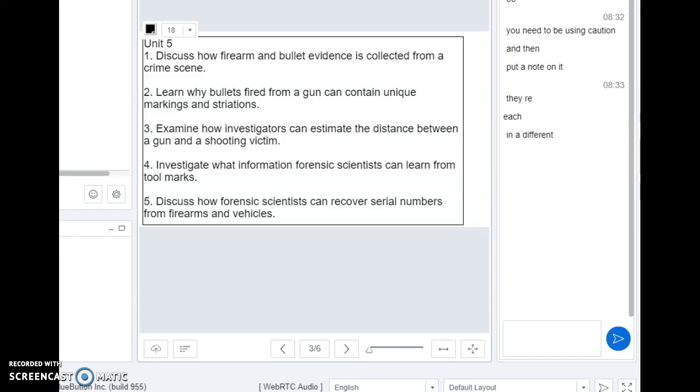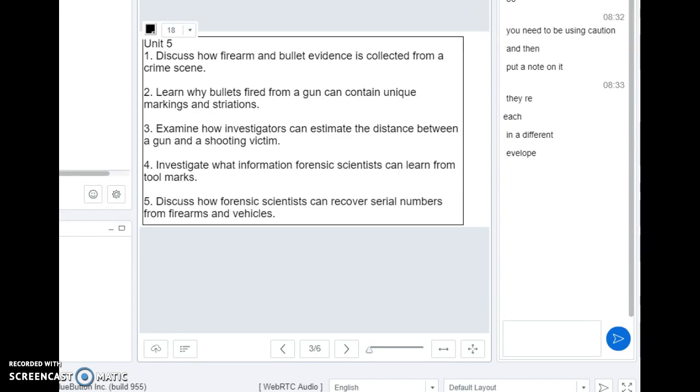Right, so you have to collect each in a different envelope. What about marking it, like we did with the note, with the firearm?